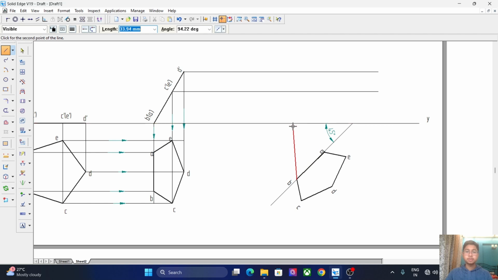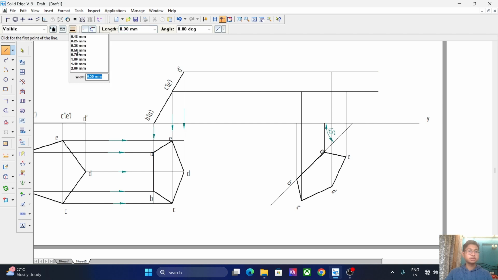So we will be intersecting somewhere here. A will be intersecting somewhere here. Similarly, C will be intersecting here. D here. Now we will join all these lines using thick lines.